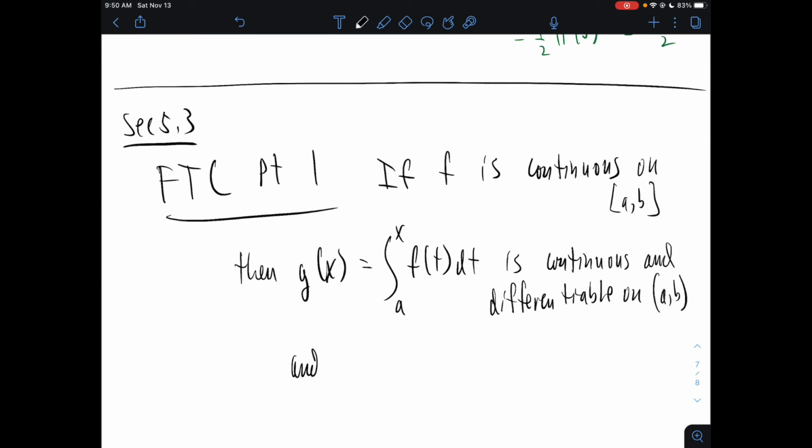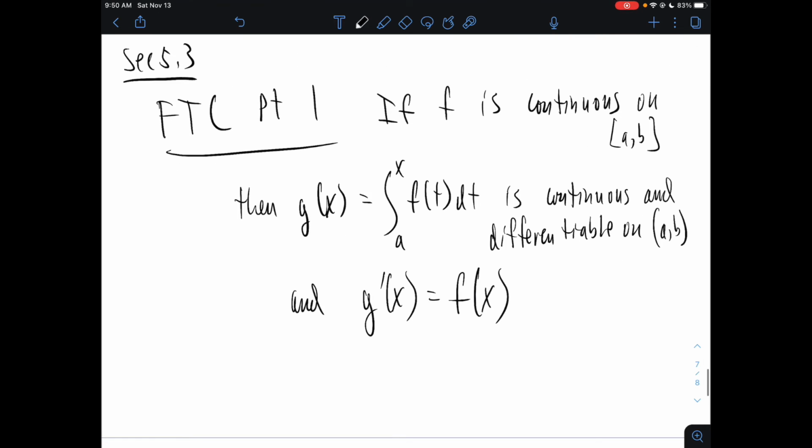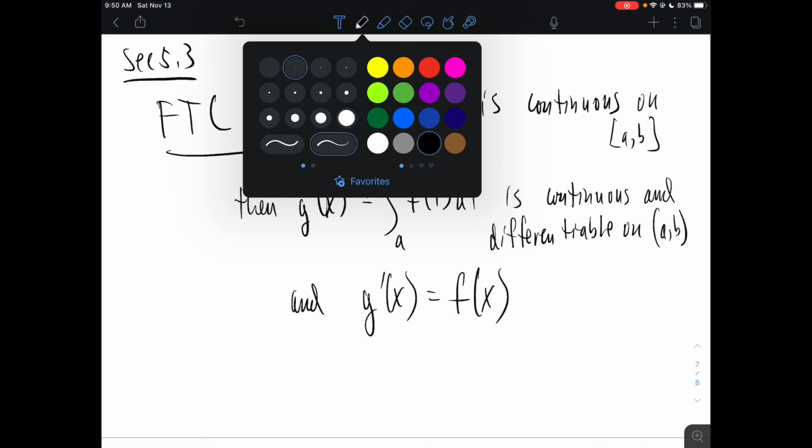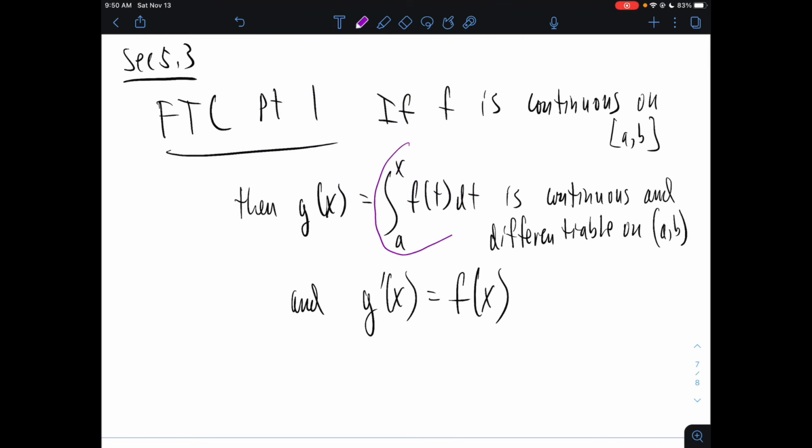And the derivative of g is just the function, instead of evaluated at t, evaluated at x. That integral that's part of this theorem, this just stands for the area so far.